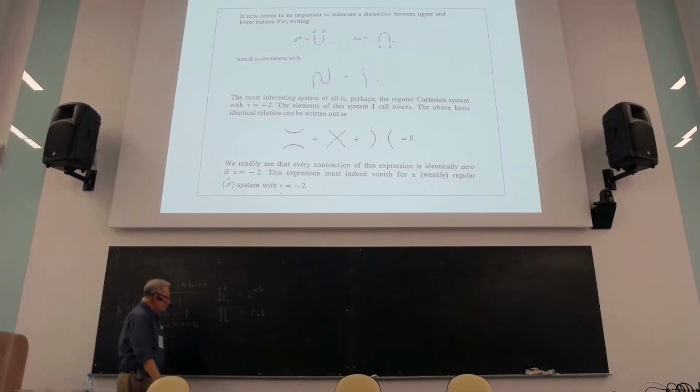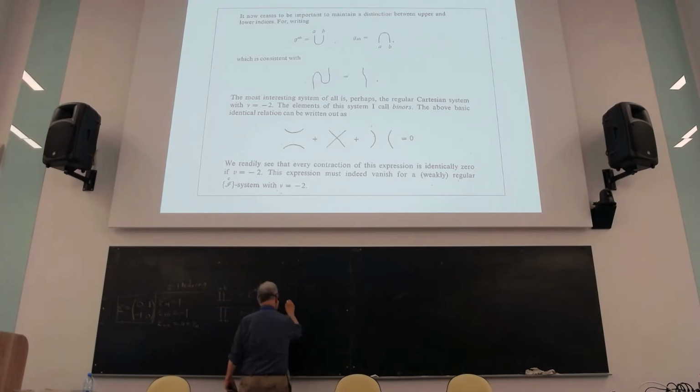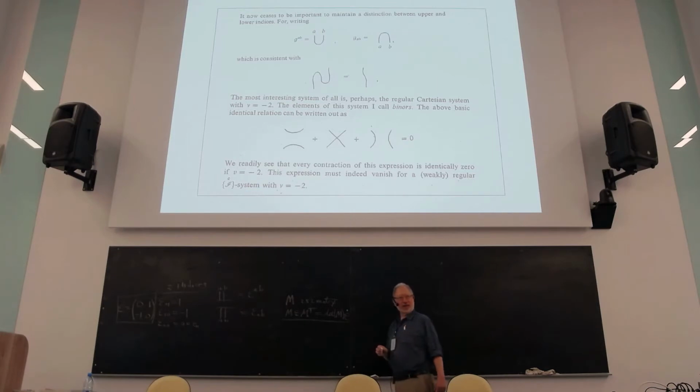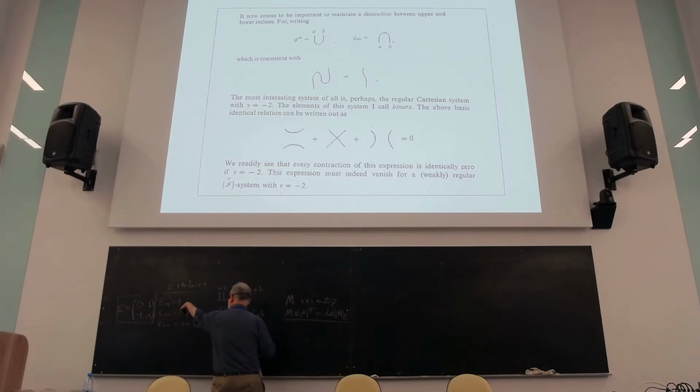And the reason he was interested in this tensor is because of the following formula. If M is a 2 by 2 matrix, then you will find that M epsilon M transpose is equal to the determinant of M multiplied by epsilon. That's a fact, you can check it. I might have gotten the sign wrong in that order, but you can check that.